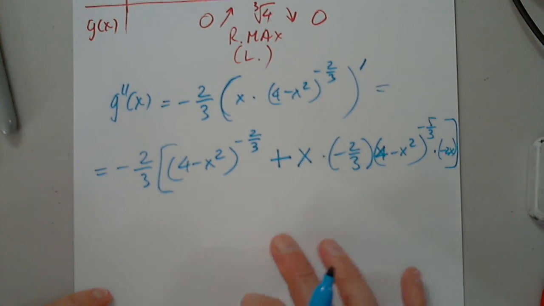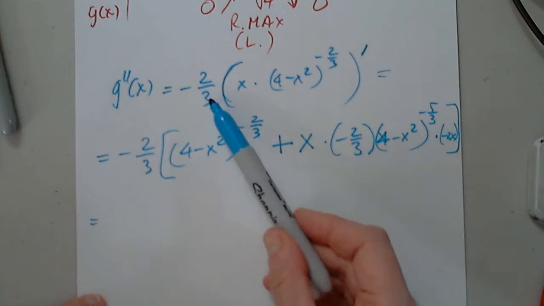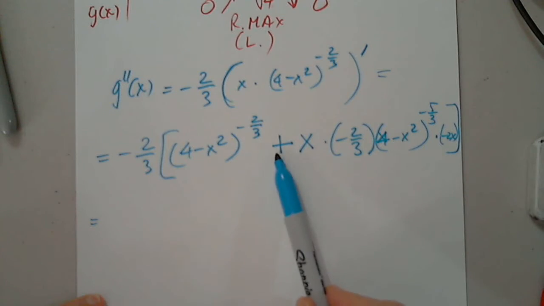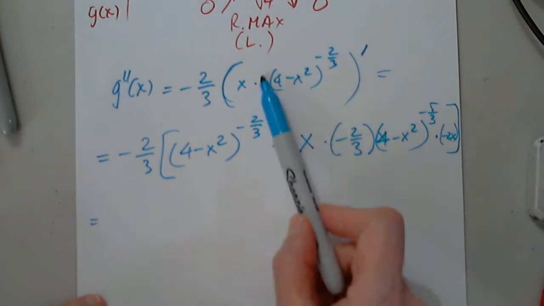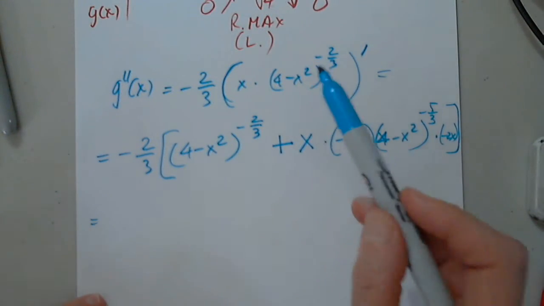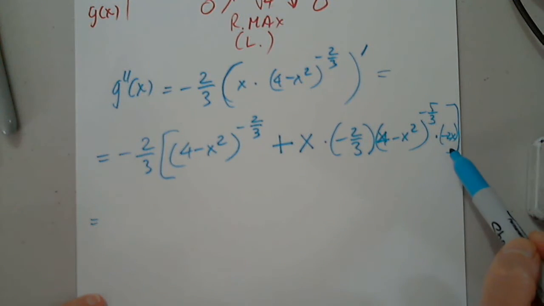That's not a friendly function, but we have to continue. Since we started, we have to continue. So -2/3 is outside. When I differentiate x, I get 1 times the second one plus x. And then when I differentiate this, I bring -2/3 in front. I write (4 minus x squared) to -2/3 minus 1 times the inner function prime, which is -2x.